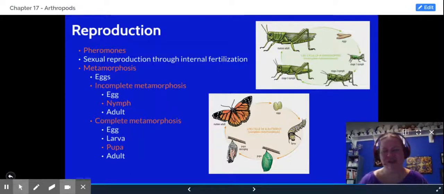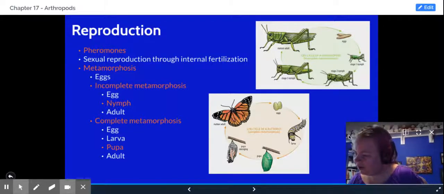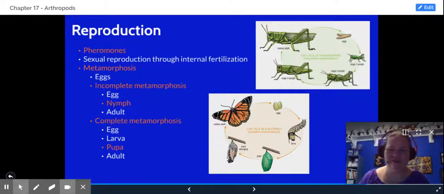Incomplete consists of an egg, a nymph, and an adult, and a nymph is simply an immature form. It's like a smaller version of an adult. Think about it like a teenager. Okay, so teenagers would be the human version of a nymph.